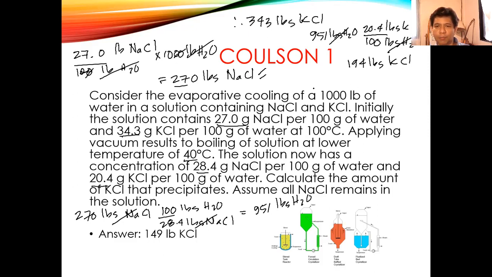So i-minus nyo lang doon sa 343. So 343 pounds of KCl, yung original, minus 194 nasa water pa. So you're going to get, sorry, yung 149, di ba? You're going to get the 149 pounds.